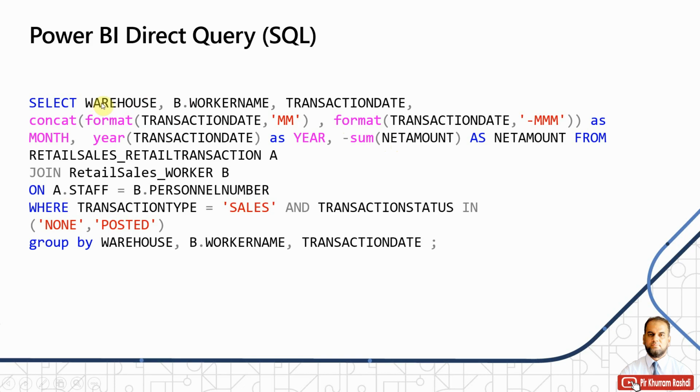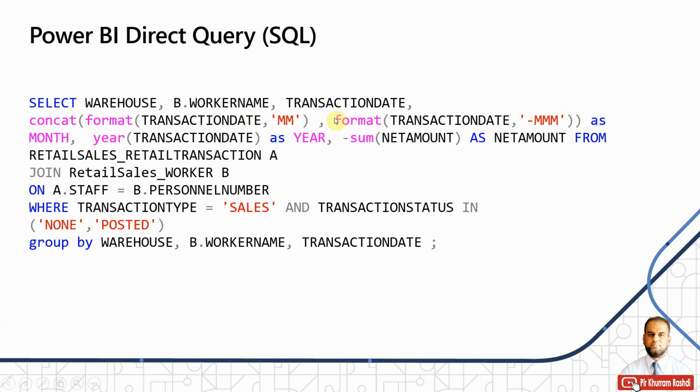Then in the select query you can see warehouse, that is the store, and worker name are included, and transaction date is included. From the transaction date I am getting the month as a 2-digit format. And then I also have a literal for the month, like January, JAN, with a hyphen put before it.